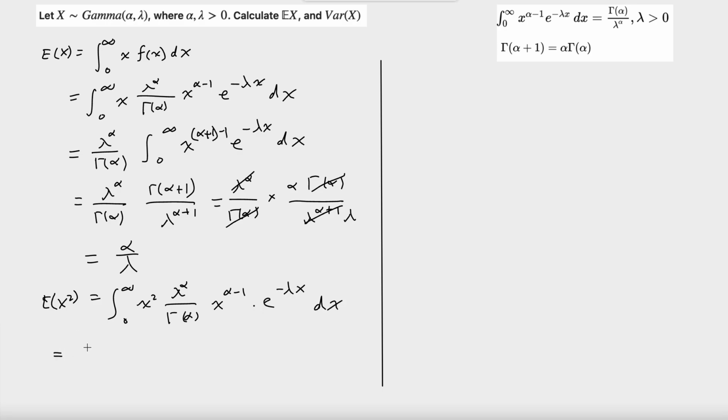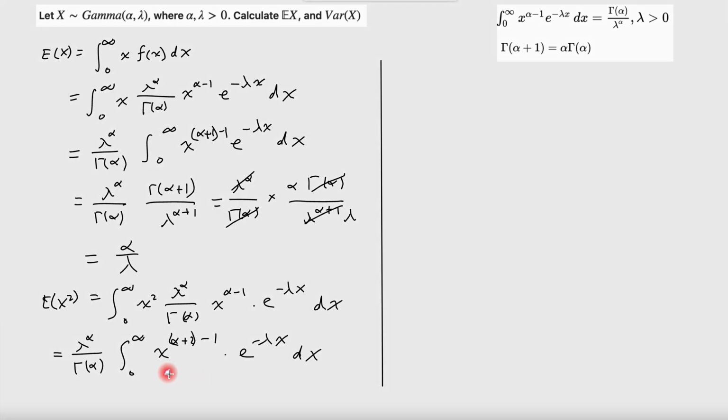This is equal to lambda to the power of alpha divided by gamma alpha, where we just take this term out, times the integral from 0 to infinity of x to the power of alpha plus 2 minus 1 times e to the negative lambda x, dx.